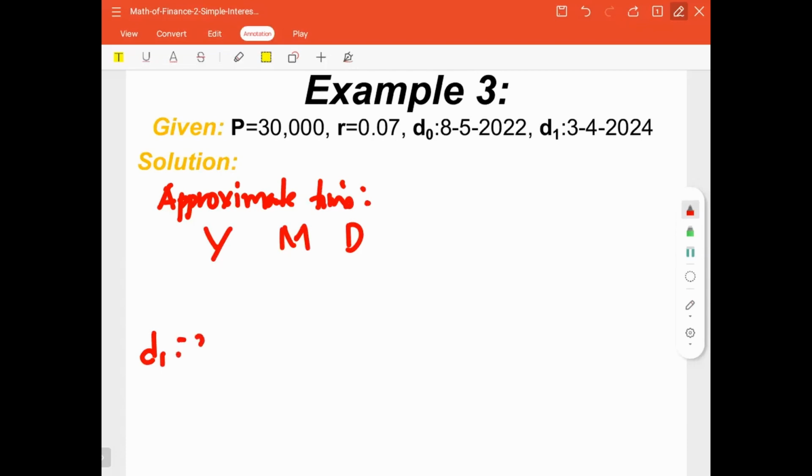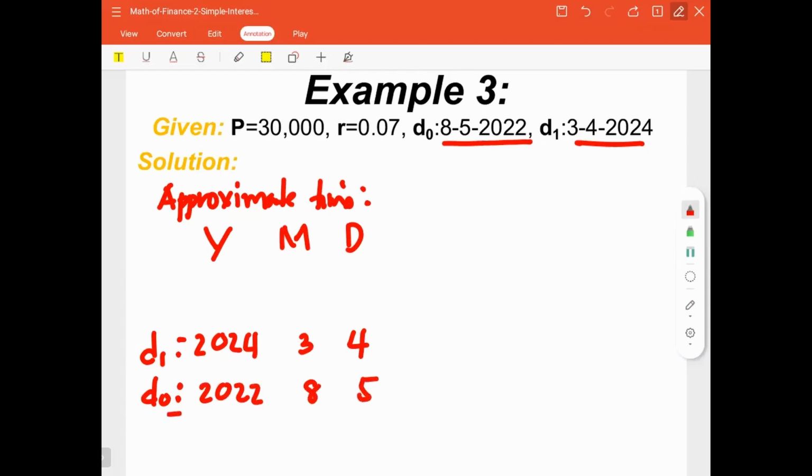Year here is 2024. Month is 3, then the day is 4. Then the date of the loan is 8/5/2022, so that's 2022. August, so that's 8 for the month, then this is 5 here. Then we'll get the difference.